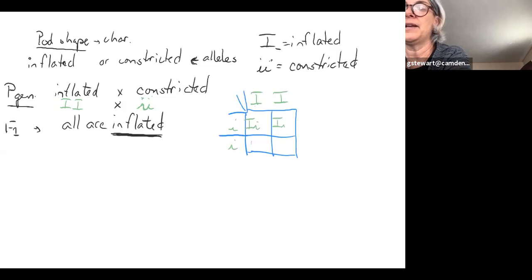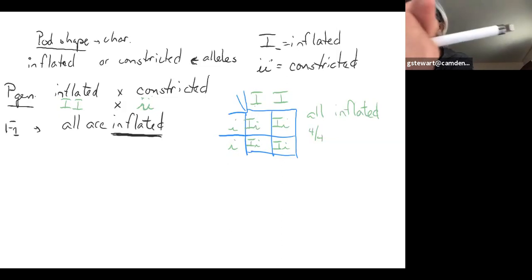Probably by now you can see they'll all be the same, right? So I would write next to this all inflated as the phenotype, and you could put 4/4 if that made you feel better to use the fractions. 4/4 inflated, and their genotype, they are all heterozygous.